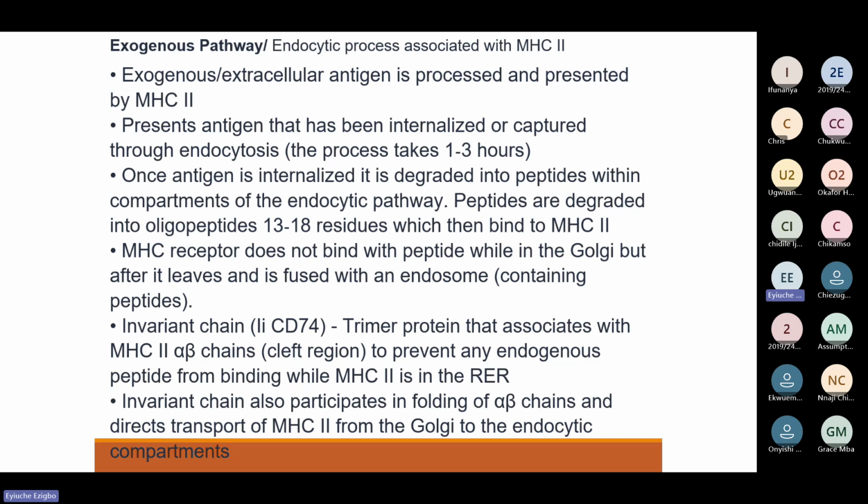The MHC class 2 presents antigen that has been internalized or captured through endocytosis. Once antigen is internalized, it is degraded into peptides within compartments of the endocytic pathway. Peptides are degraded into oligopeptides, around 13 to 18 residues, which then bind to MHC class 2.